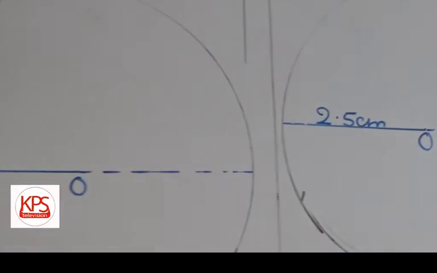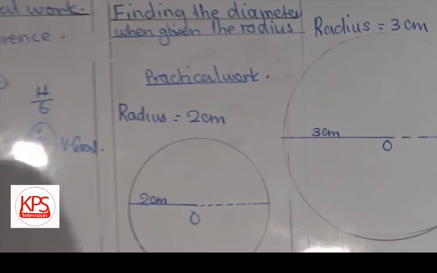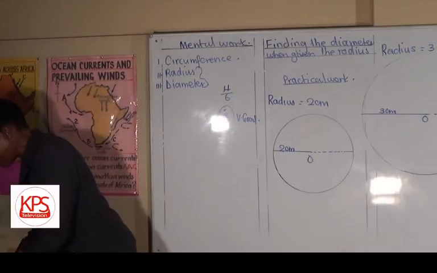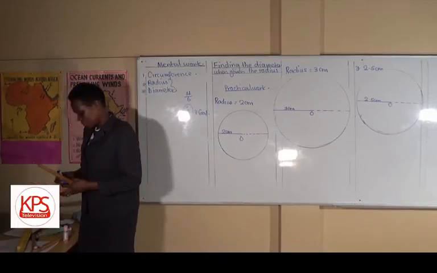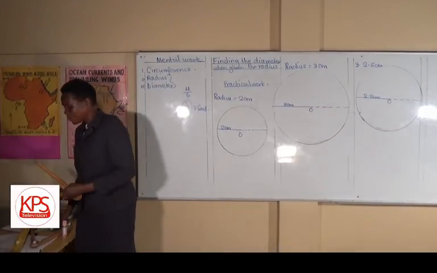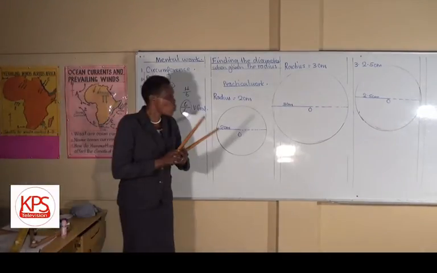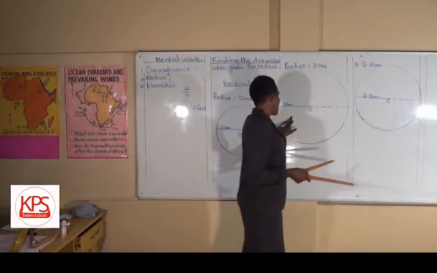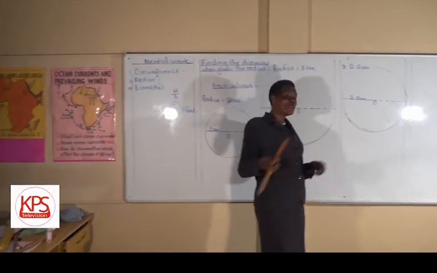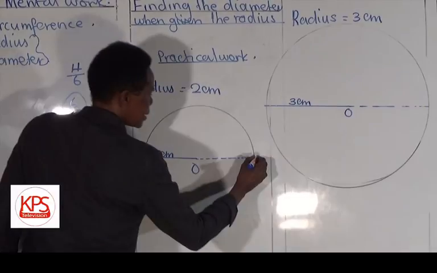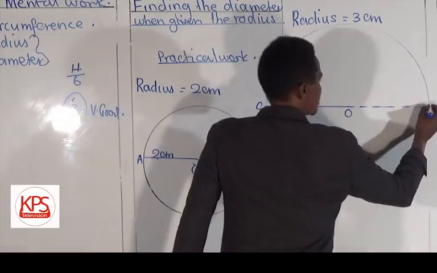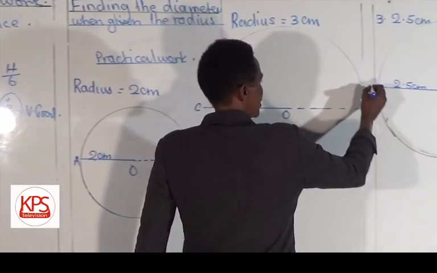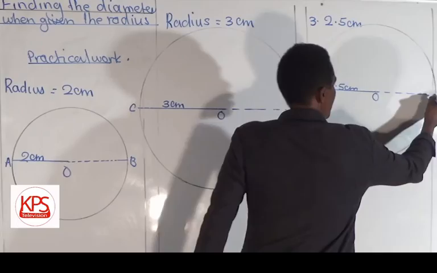After that, I'm now going to pick my pair of dividers. As I've already told you, its work is to transfer the measurement from the diagram to the ruler. Points A, B, C, D, E, F.